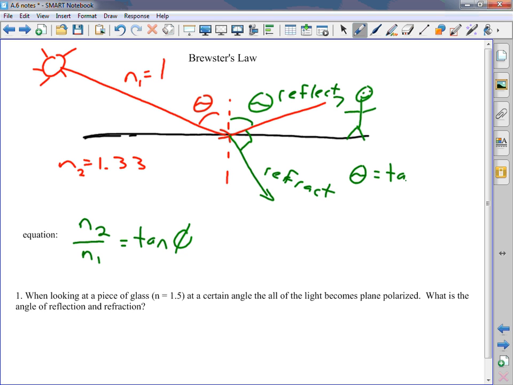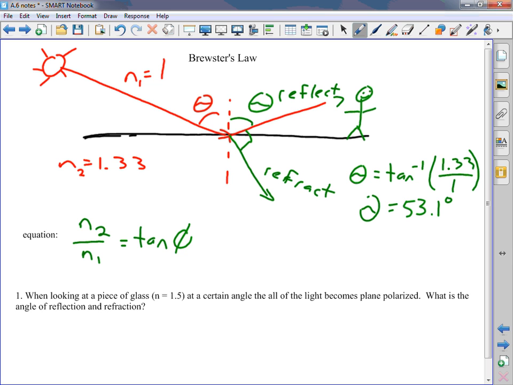Theta is going to equal the tan inverse of 1.33 over 1. What does theta come out to? Please give it to me in degrees. We'll go with 53.1 degrees.